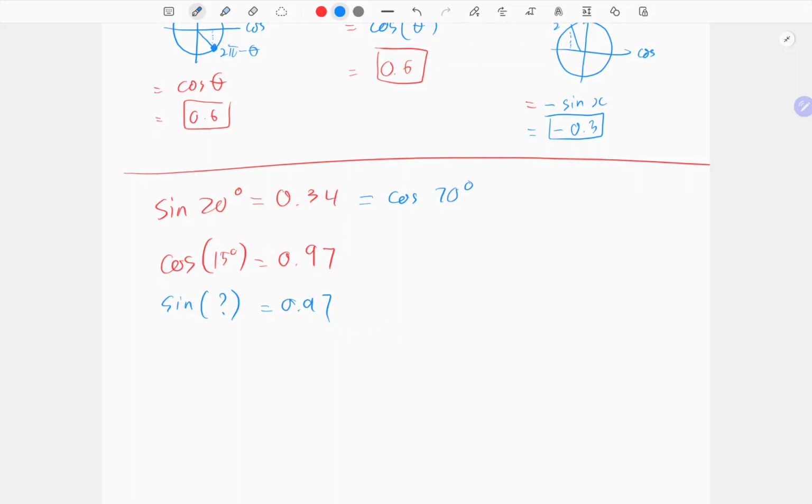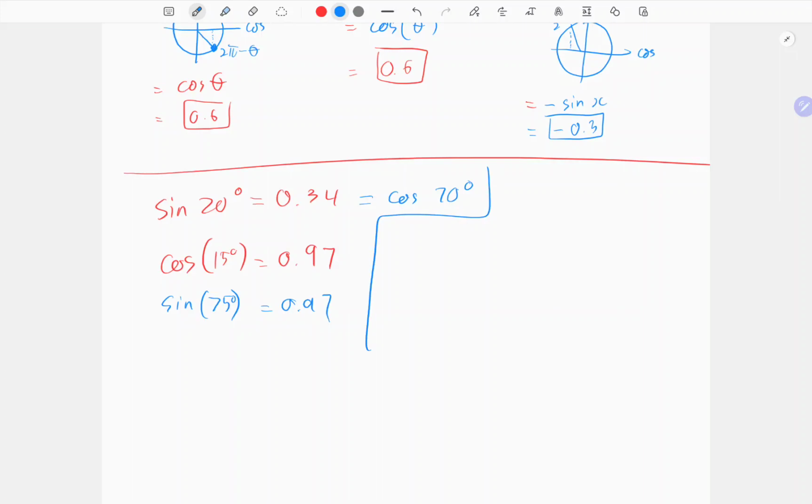The complementary angle is the answer. What's the complementary angle of 15 degrees? 75. 75 degrees, yes. If you punch in sine of 75 degrees, you will get 0.97. Does that make sense?